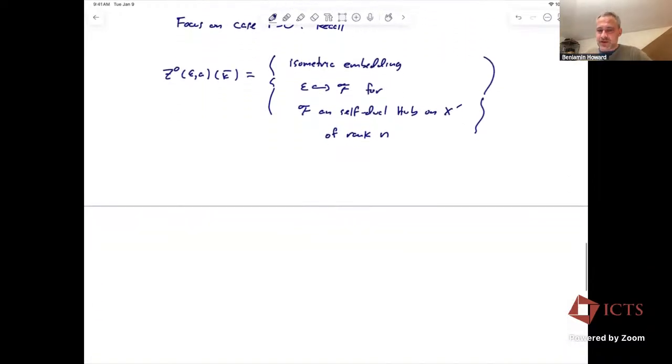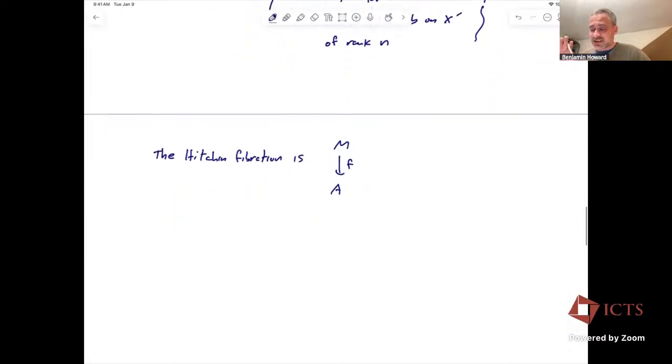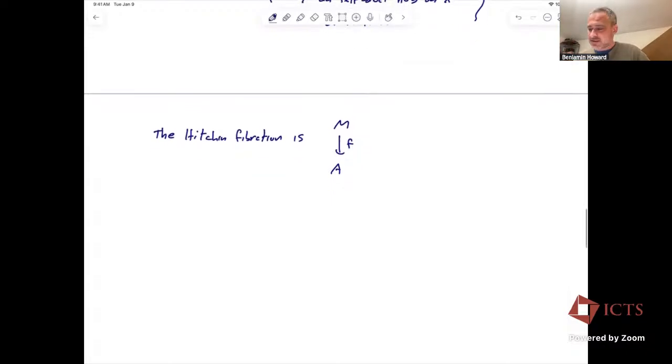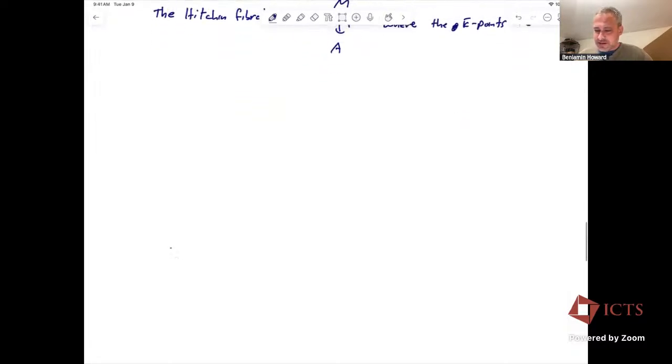Okay, so the Hitchin fibration, M to A. Everything on the geometric side of the Siegel-Weil formula is going to come down to understanding the structure of the following map of k-stacks, where the k-bar points are, well, okay, I have told you what A is.